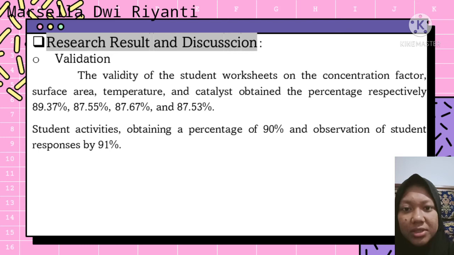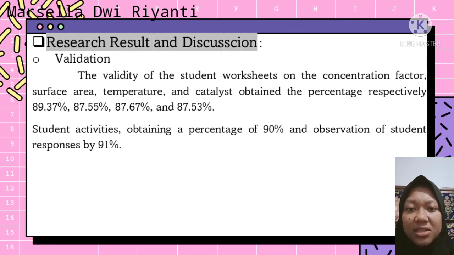Research result. The validity of the student worksheet on the concentration factor, surface area, temperature, and catalyst obtained the percentages, respectively, 89.37%, 87.55%, 87.97%, and 87.53%.